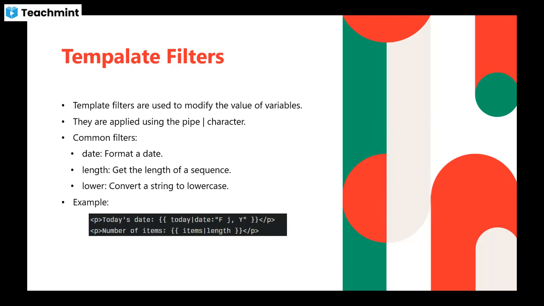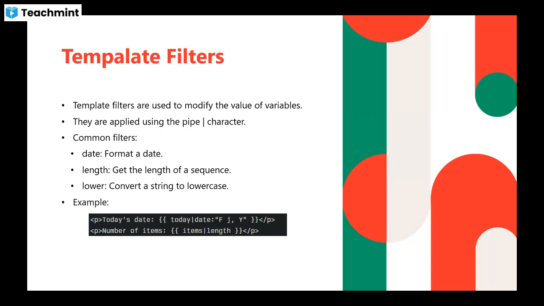In these examples you can see today's date. We send the date from backend to front end, so that is the today variable. After that we have used the pipe symbol, which is used to apply filters. Here the filter is the date filter. We have formatted the date to this particular format using F, J, and Y. Those have some meaning, which I will show.